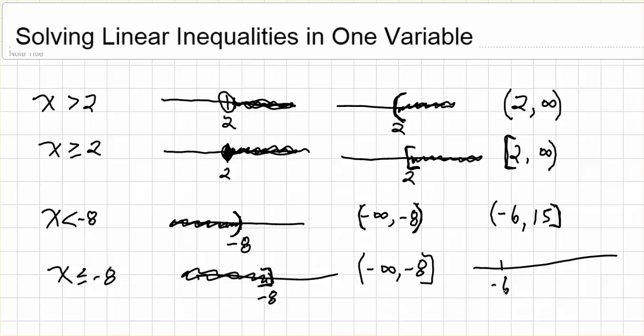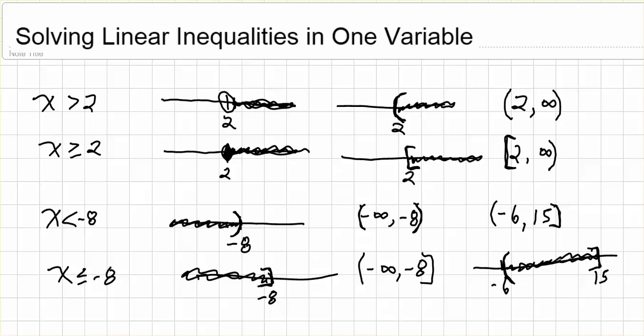So negative 6 and 15. The left bounding is negative 6, and since we're not including that, since we used a parenthesis, we'll use the open parenthesis. And then the 15, we want to include it, so we'll put a bracket there. And then all we have to do is shade that in. That tells us our value is between negative 6 and 15.